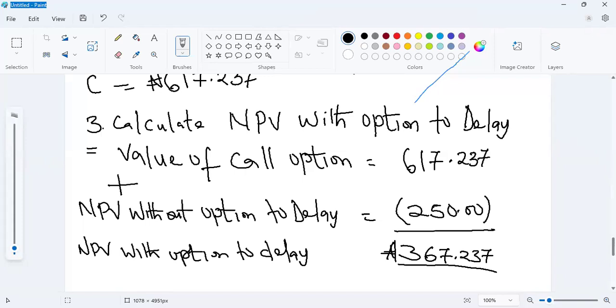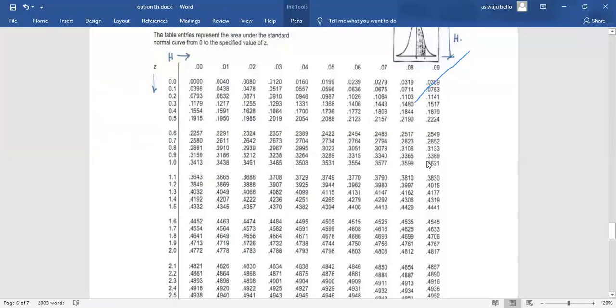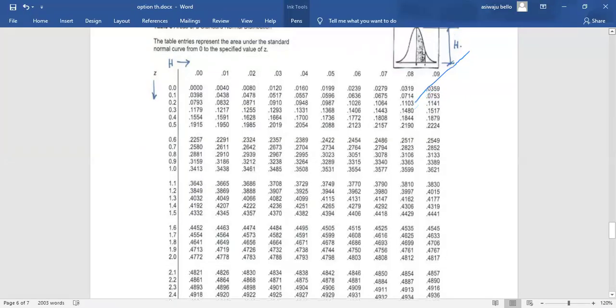We are done with requirement B. Requirement C to round out this question.